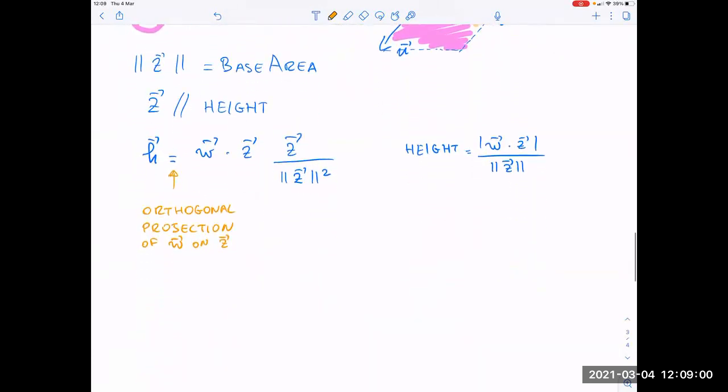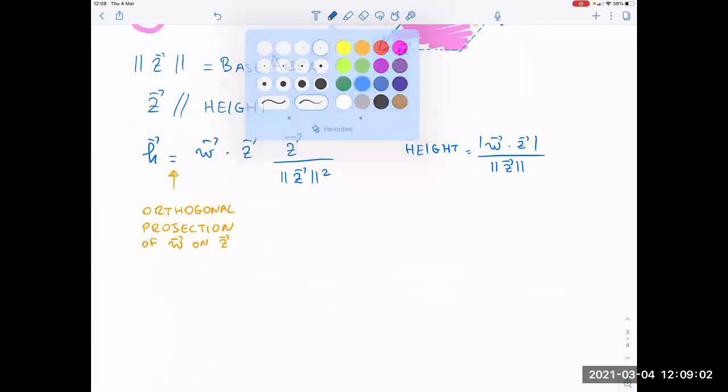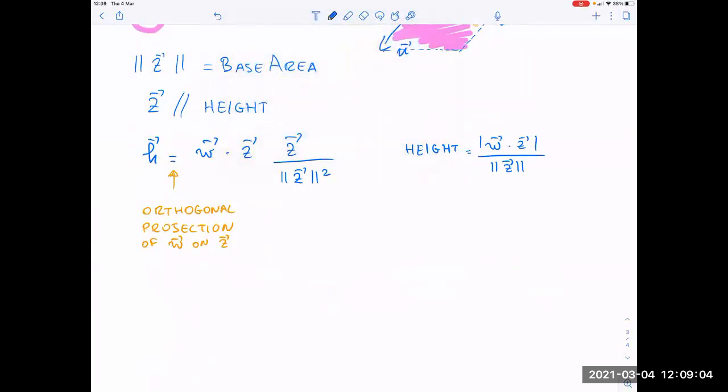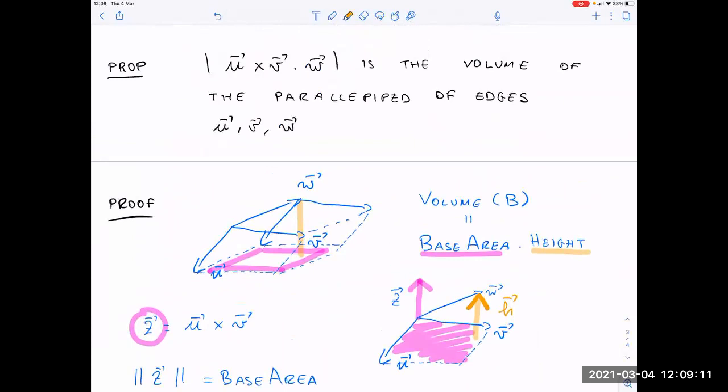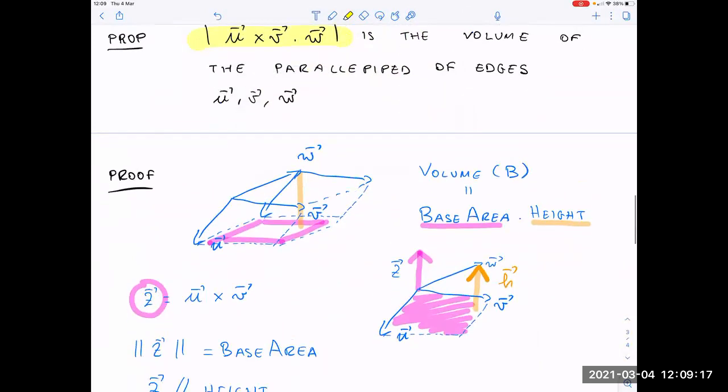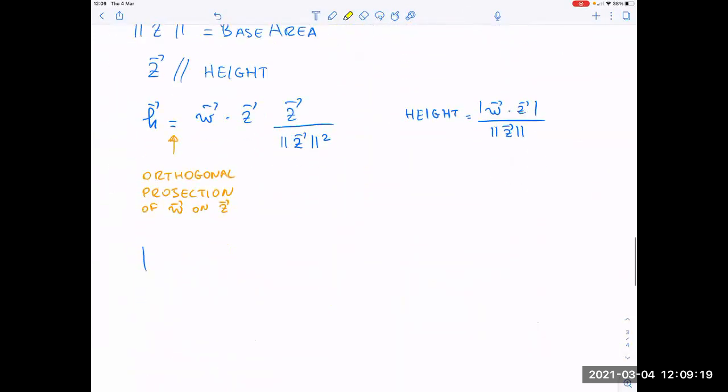Okay, now let's go to what we want to compute, okay? So I want to compute the absolute value, here it is, of this. So I want to compute the absolute value of this part here, u cross v dot w. And let's see what is this.